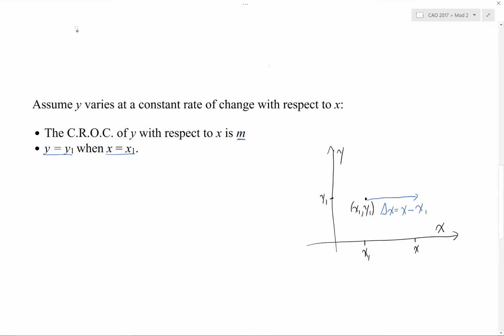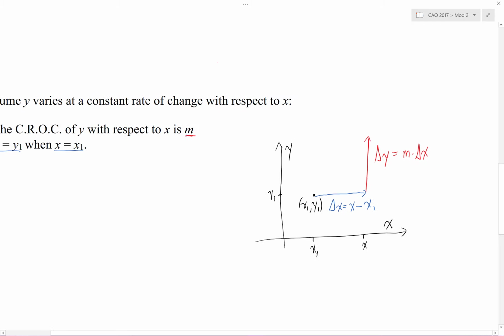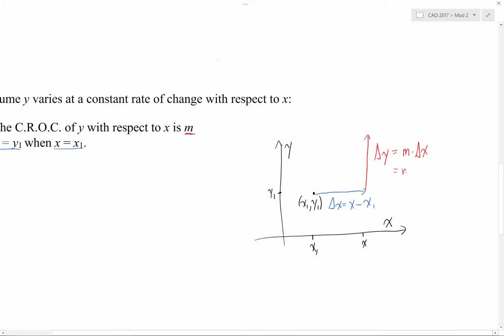Now, since we have a constant rate of change of m, the change in y is going to be m times as large as the change in x. And we know that the change in x is equal to x minus x1. So we can represent the change in y as m times x minus x1.